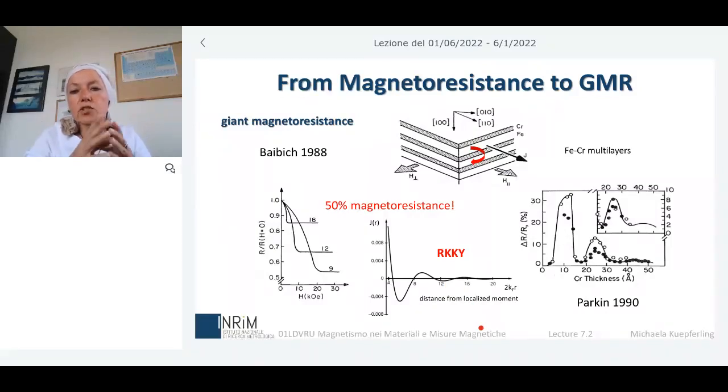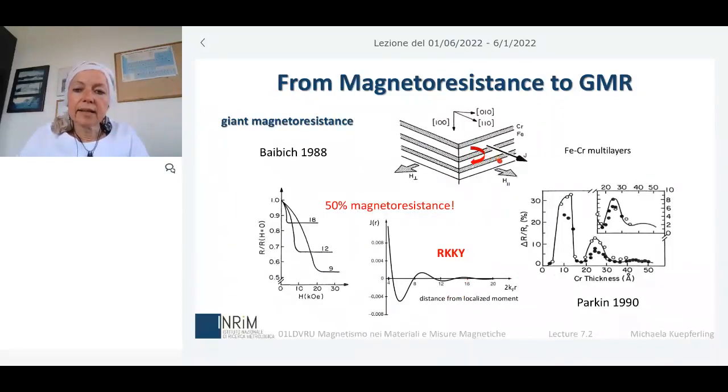So this was an exchange that was transported between two localized magnetic moments by free electrons, let's say. So it was somehow clear that there must be something very similar to this RKKY mechanism behind.